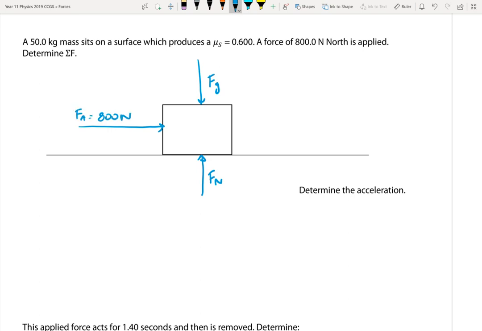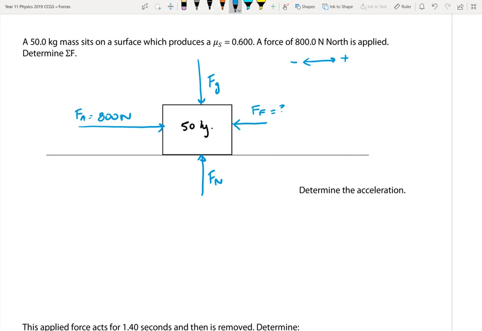And then obviously we need to figure out what this guy is, F_f. Now I'm going to assign a convention that the applied force is acting in a positive direction, friction is acting in a negative direction. And let's just put in our 50 kg.